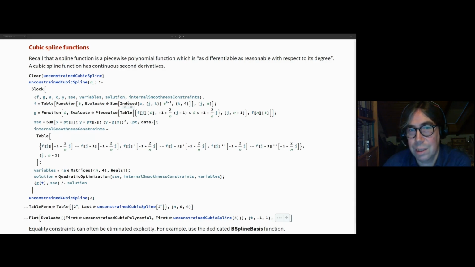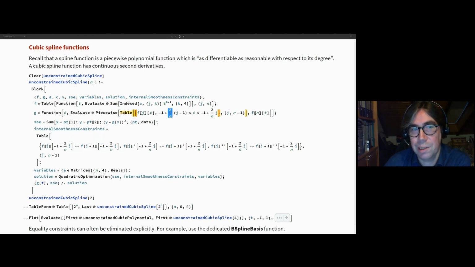And the coefficients now form a matrix, and I use this index notation here, where j runs from 1 to n over the intervals, and k runs from 1 to 4 over the exponent. And then g, the overall ansatz function, is a piecewise function made up of these polynomial pieces on the subintervals of length 2 over n.